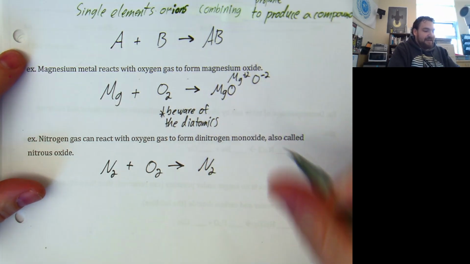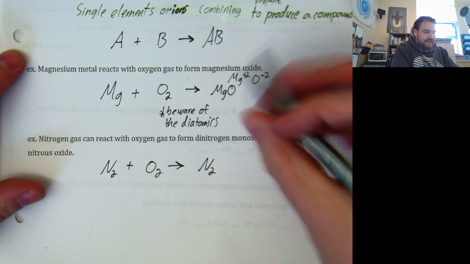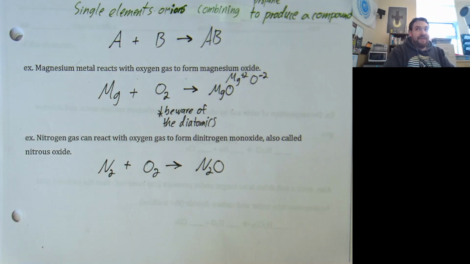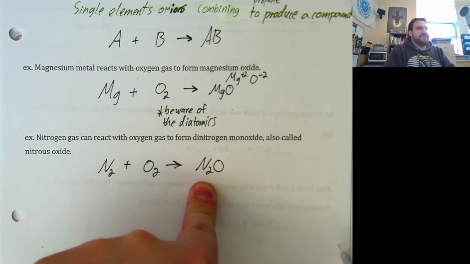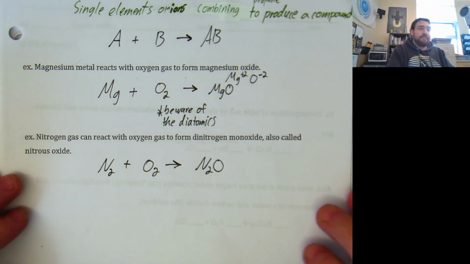N2O. The di on the nitrogen tells you that there's two. The mono on the oxide tells you there's one. There it is. N2 plus O2 reacts to produce N2O. That's laughing gas, or NOS, depending on where you're using it. Either in your car, the dentist office, or the delivery room.